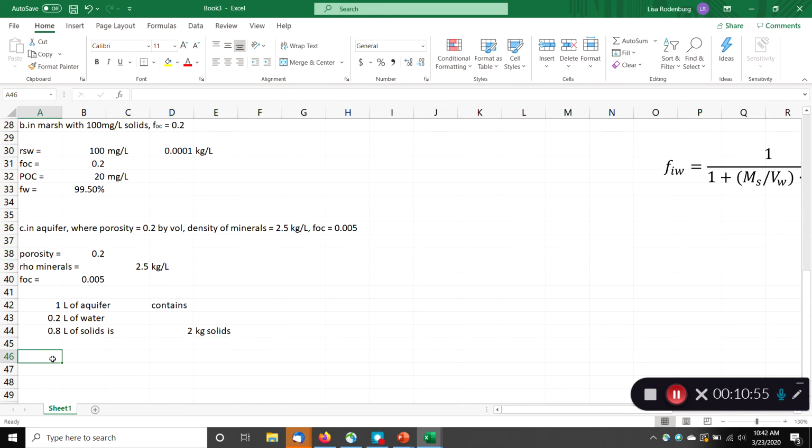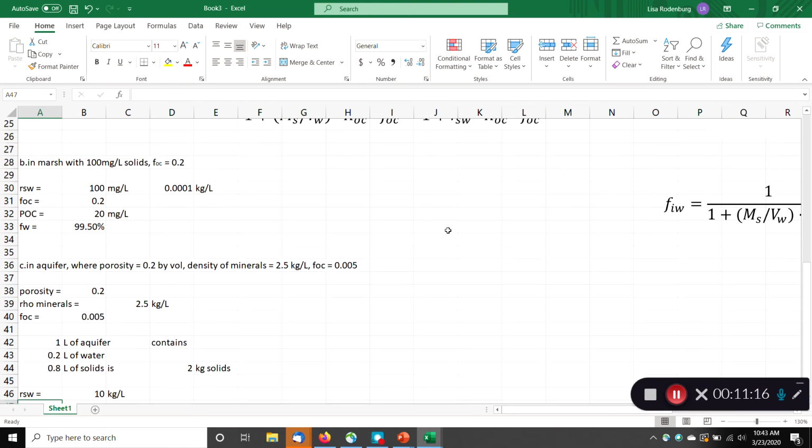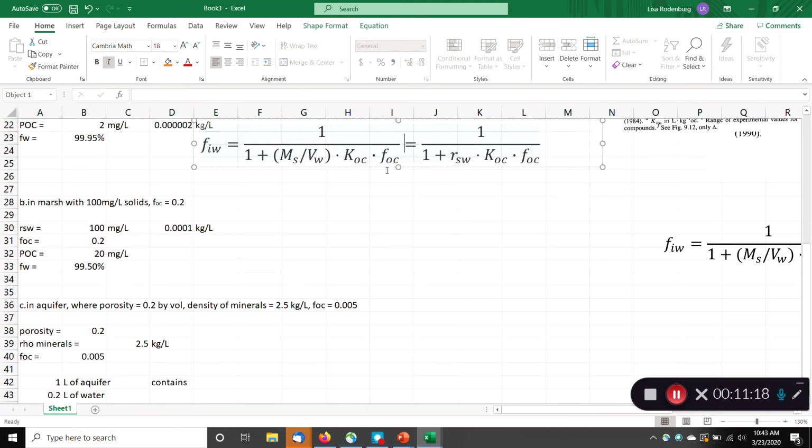So our ratio of solids to water is 2 kilograms divided by 0.2 liters. So that is now kilograms per liter, and that's already in kilograms per liter, and we don't have to worry about converting units. So now we just go back to our favorite equation, which we've sort of lost up here. Let's drag it back down.